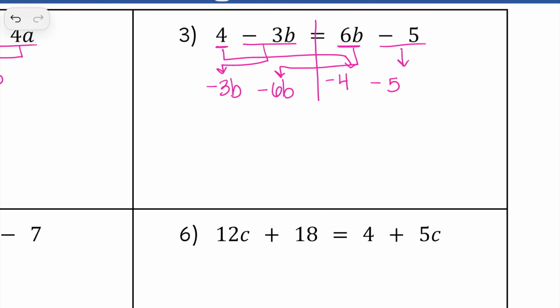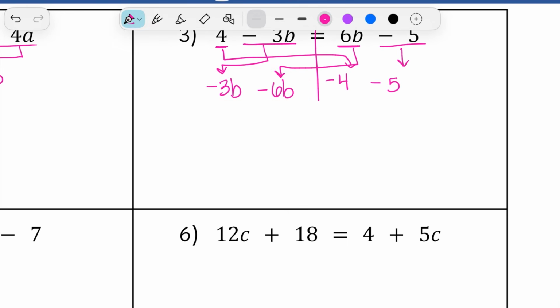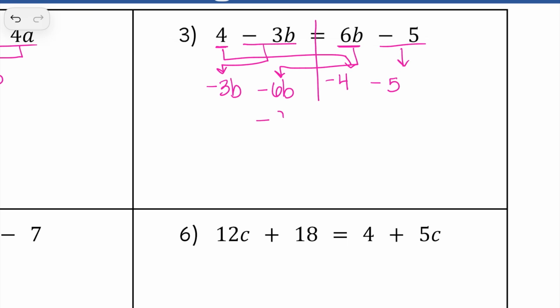We're going to combine our like terms now on each side. So that says negative 3b minus 6b. That's going to give me negative 9b. Bring down your equal sign. Again, over here that says negative 4 minus 5. And that's going to give me negative 9.